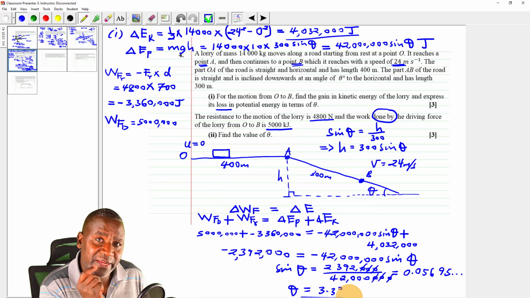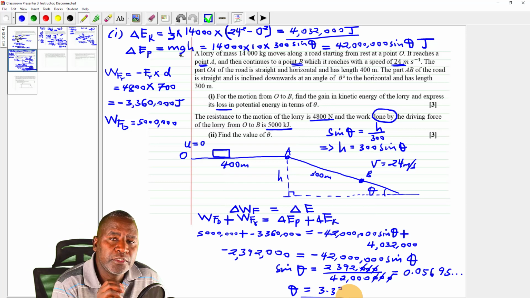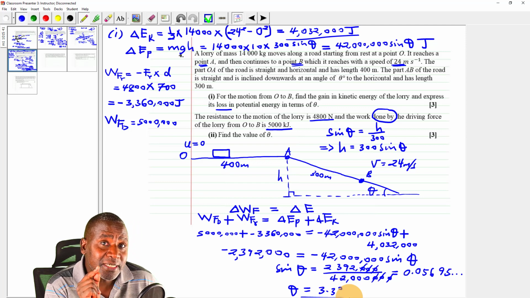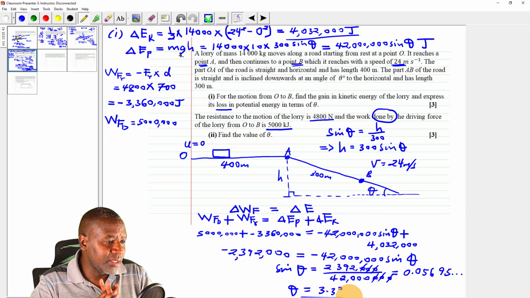Work done by the driving force. There's no problem with that. But work done by resistance, you must always give it a negative sign, because it is always making an angle of 180 degrees with the direction of movement of the object.